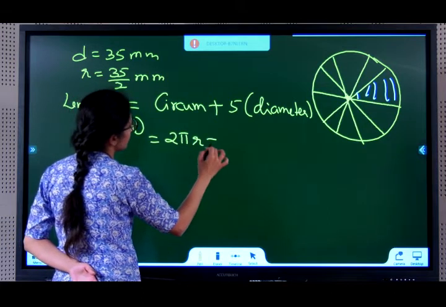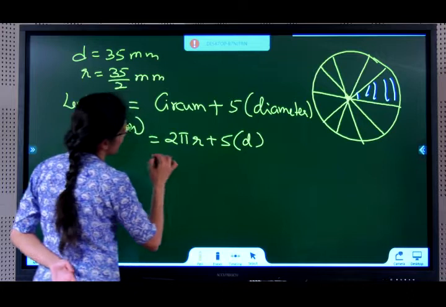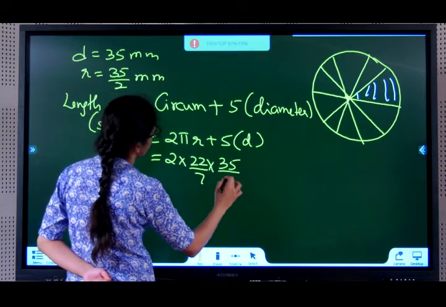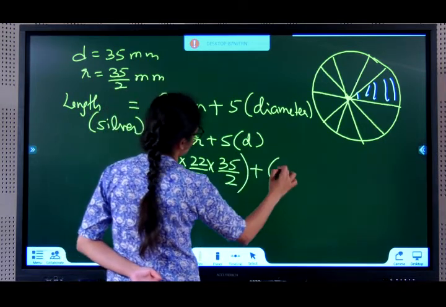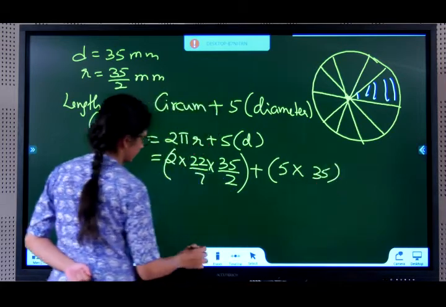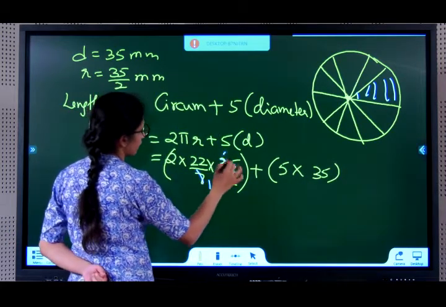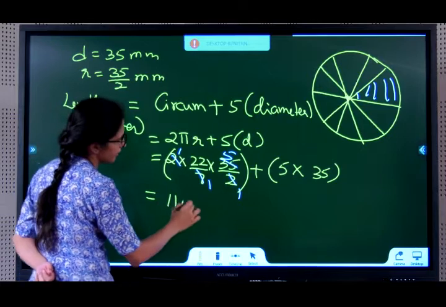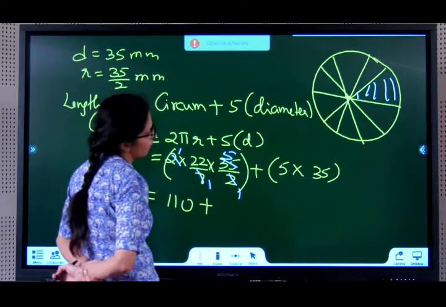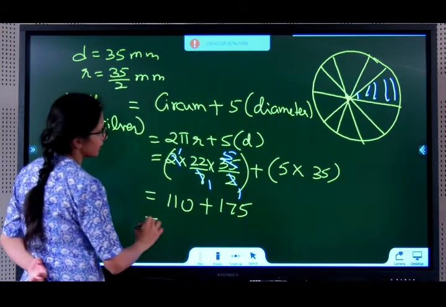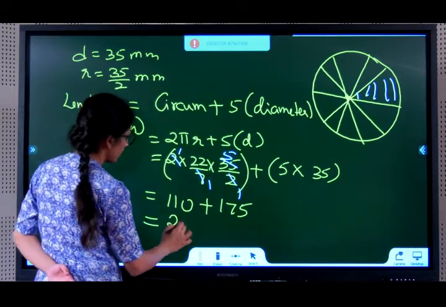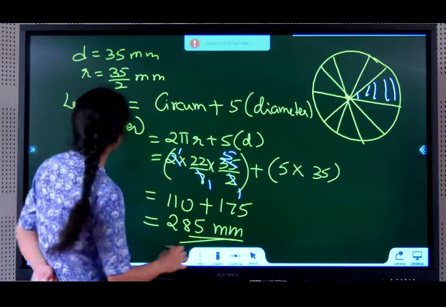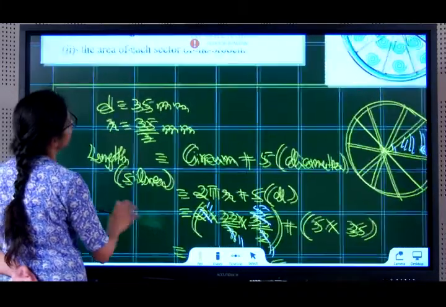Circumference 2 pi r plus 5 into diameter, which is nothing but d. 2 into 22 by 7 into r, which is 35 by 2, plus 5 into d, which is 35. 7 ones are 7, 7 fives are 35, 2 ones are 2. 22 into 5, 110. 5 into 35, 175. Adding these two, we get 285 units, millimeters.